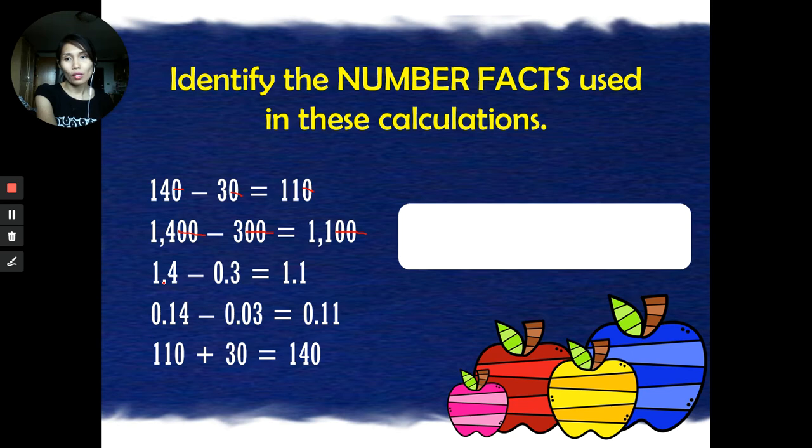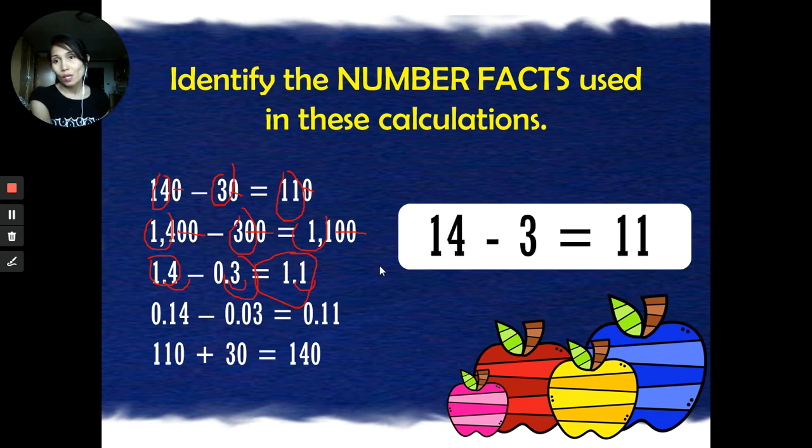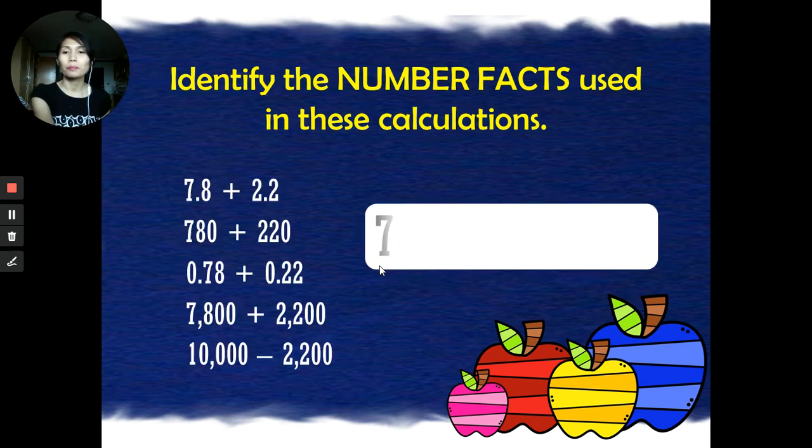But with decimals, you can move the decimal point. Move the decimal one place, move the decimal one place, move the decimal one place. So you can see, it's all 14 minus 3 equals 11. That's the number fact being used here. Let's try another one.